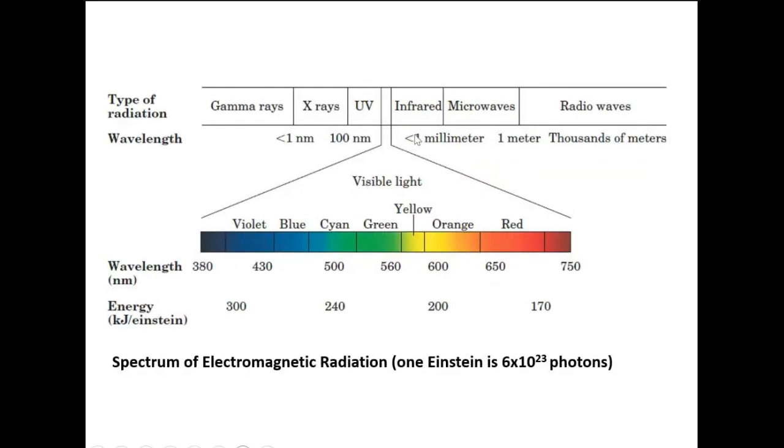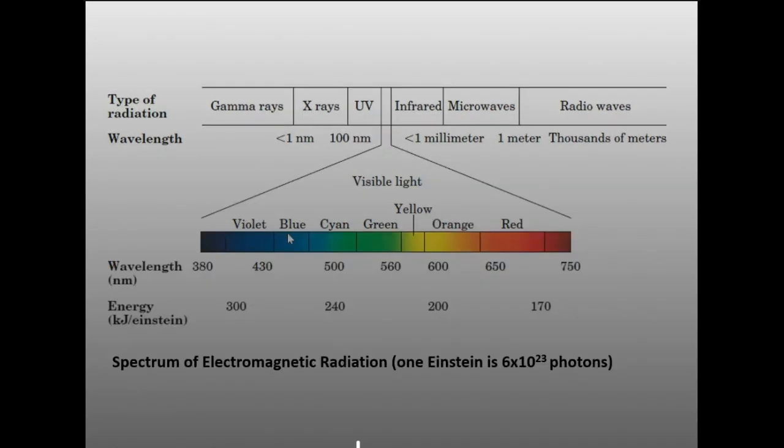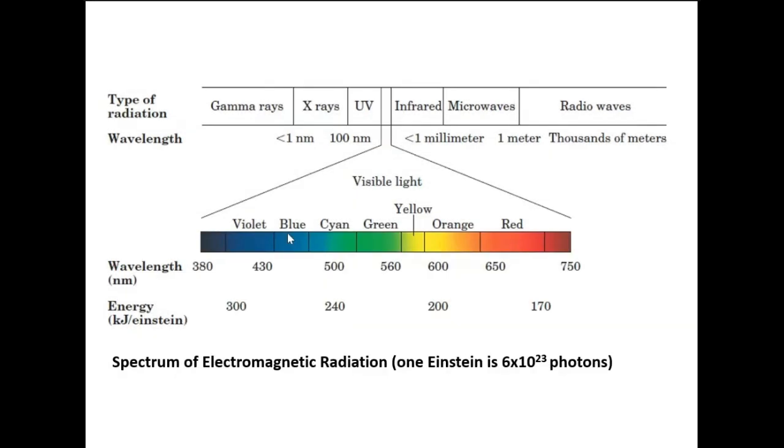I hope this illustration will give you a better picture of the visible region. It starts with violet on your left and ends with red. It is called VIBGYOR, which includes violet, indigo, blue, green, yellow, orange, and red.